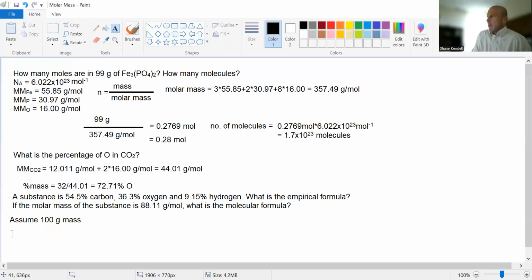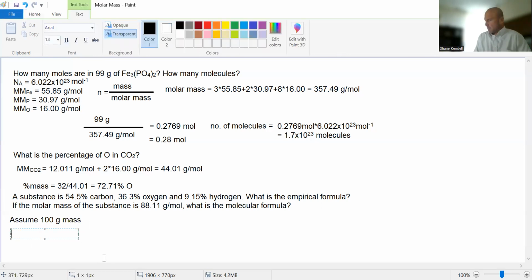Okay, so now I won't worry about writing out the mass of all these. You'll just know that the percentage is just going to become the grams. So now I'm going to look at the number of moles of carbon, so I'll put in the number of moles of carbon, subscript C, and that's going to equal this 54.5 grams divided by the total molar mass.